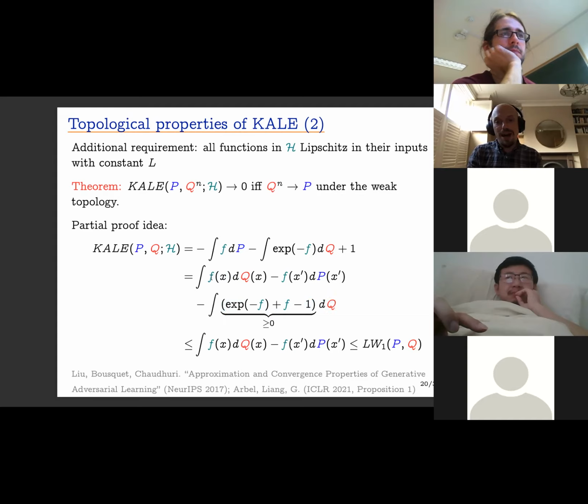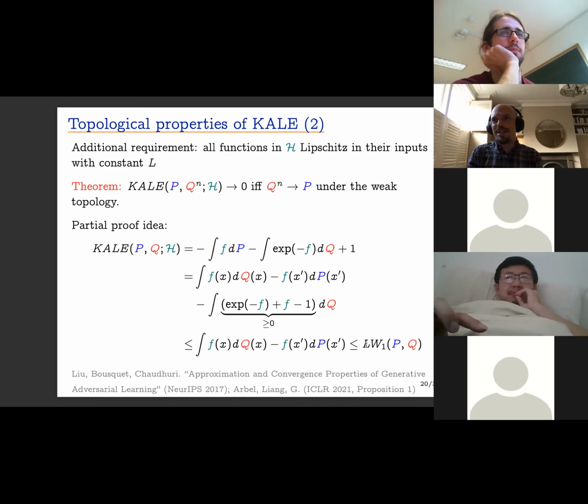And so I can upper bound this by the integral of F dQ minus the integral of F dP, which, if this Lipschitzness constraint holds, is in turn upper bounded by L times the Wasserstein distance. So when Wasserstein goes to 0, this forces KL to go to 0. And we know that Wasserstein goes to 0 when Q converges weakly to P. So this is the sense in which the KL acts like an IPM. We can upper bound KL by an IPM, and this then has the implication that we like.